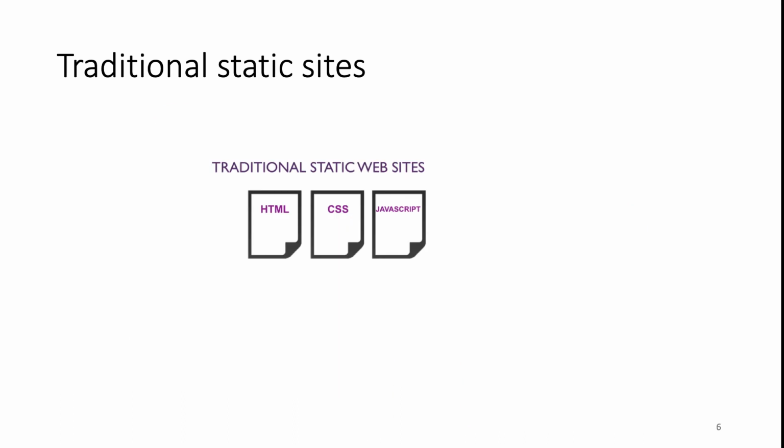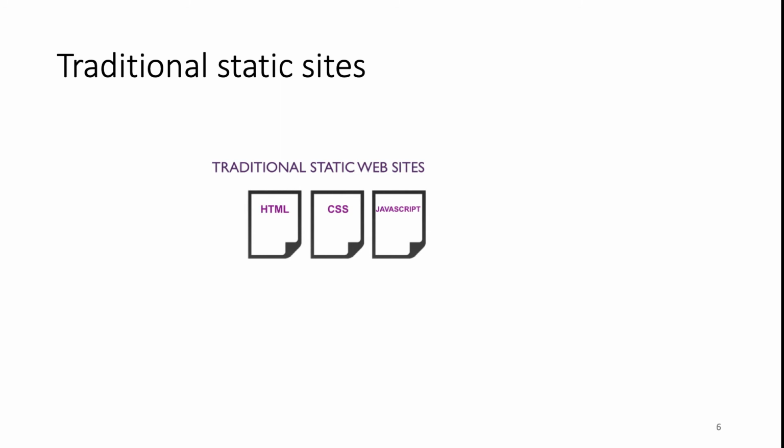In the beginning, traditional static websites only had these technologies: HTML, CSS, and JavaScript. As soon as the web was invented, Tim was also inventing the HTML markup language, which was of course part of the whole suite of his web project.